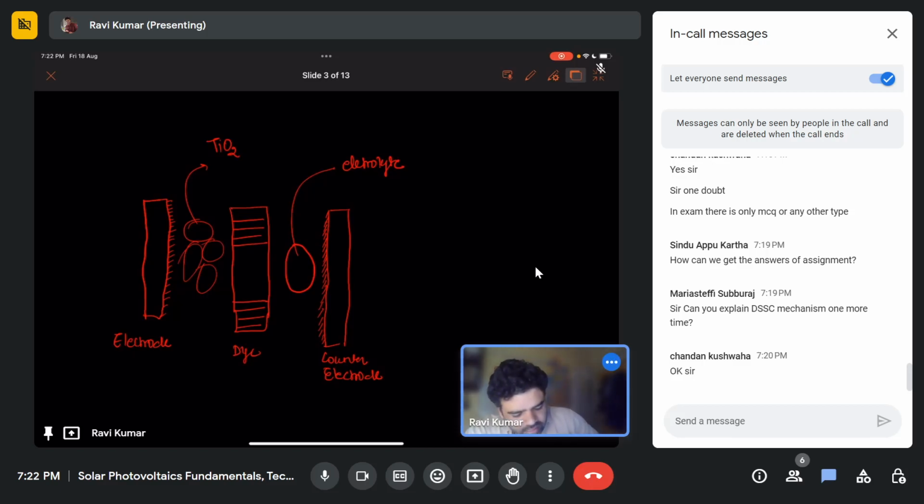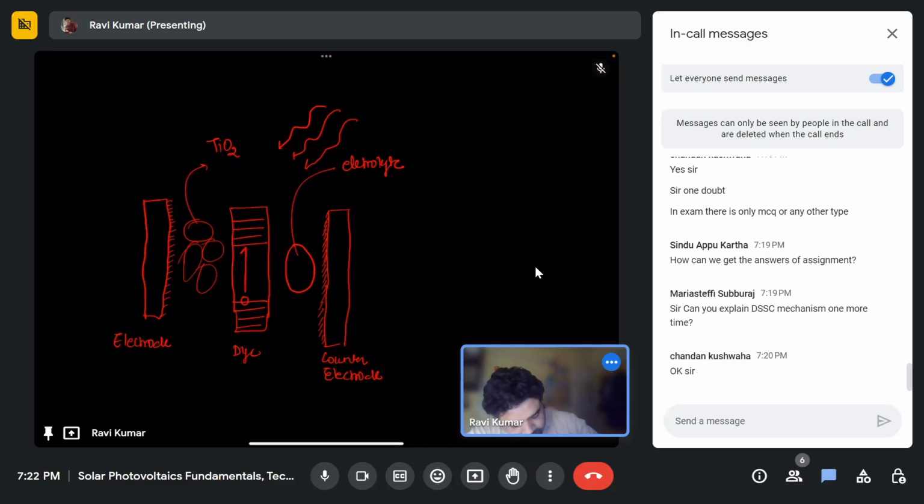So what happens as the light comes on the surface of this solar cell, the atoms here having an electron hole pair get excited. They go to the excited state and they release an electron. This electron moves from this dye through this titanium dioxide to this glass. So this is the path of the electron. And from this glass it is collected by the electrode and goes to the outer circuit. And this is our load.